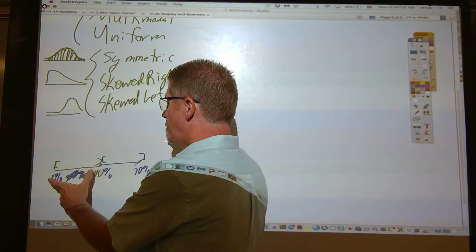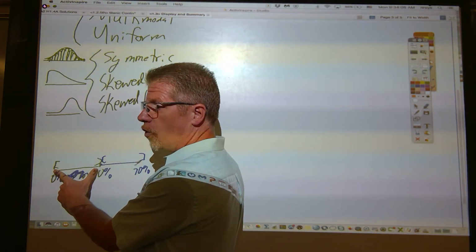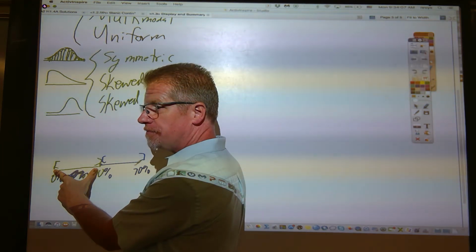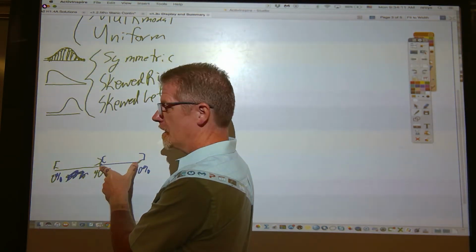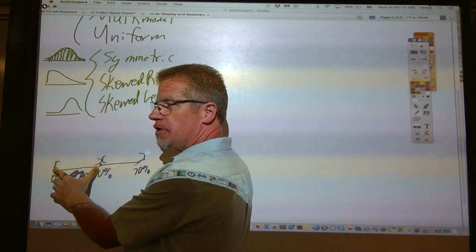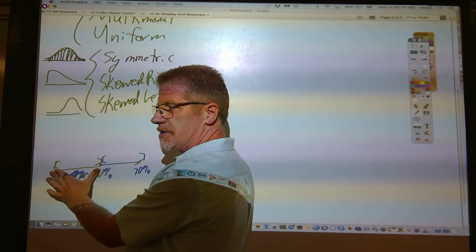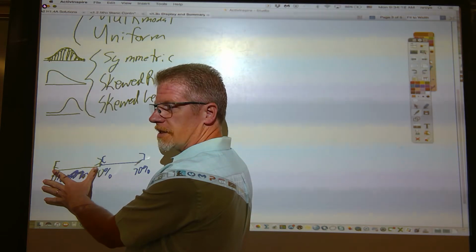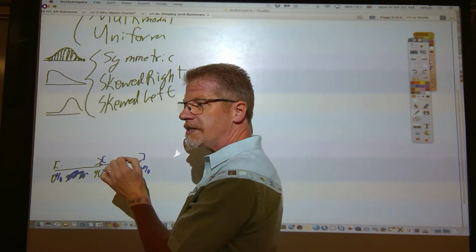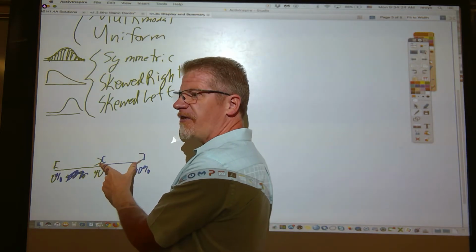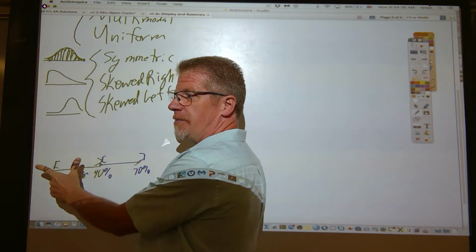So if the bottom 50% is more spread out than the top 50%, which is the case here, then it's skewed left. Skewed left means that the bottom 50% is more spread out than the top 50%. Skewed right means that the top 50% would be more spread out than the bottom 50%.